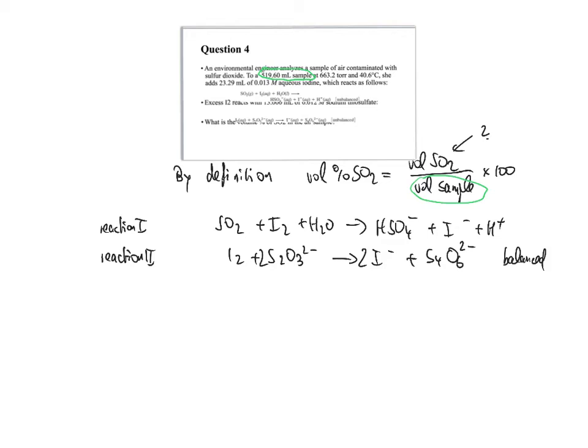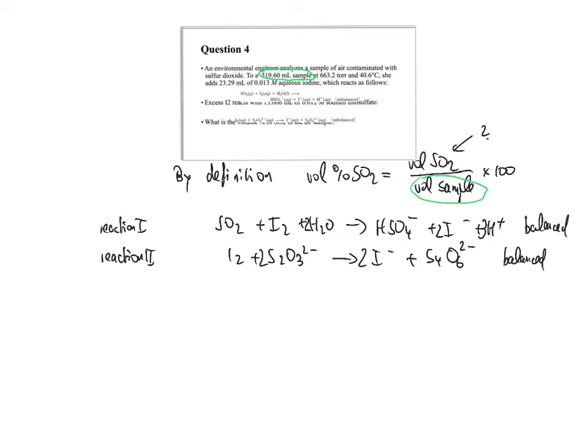For the first reaction, you might want to use the half-reaction method, but it's not really necessary, because if you see there's I2 on the left side, so on the right side you need 2 of them. There's one sulfur. But on the left side there's 2 oxygens, so on the right side there's 4 oxygens, so I need 2 water to get 4 oxygens, which leaves me with 3 H pluses. So now both of them are balanced.